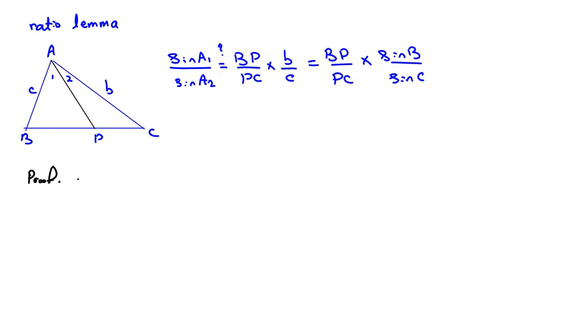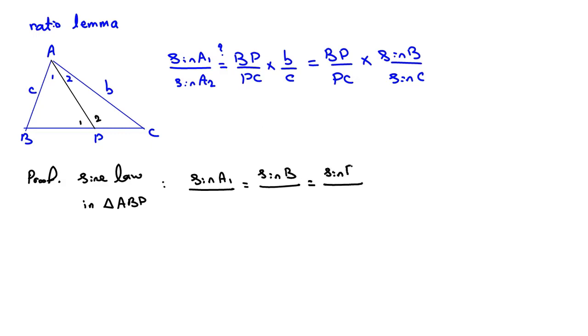So we want to use two sine laws. If we use sine law in triangle ABP, then we have what? Sine A1 over, let's write the angles, sine B, suppose it is P1, it is P2, equal to sine P1.